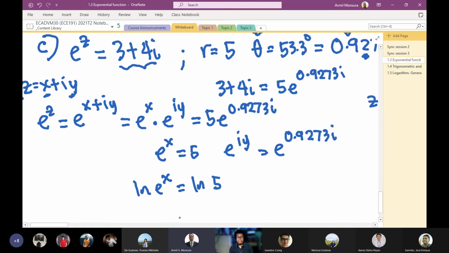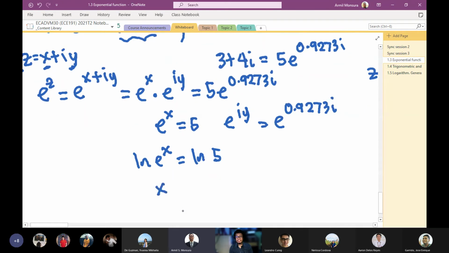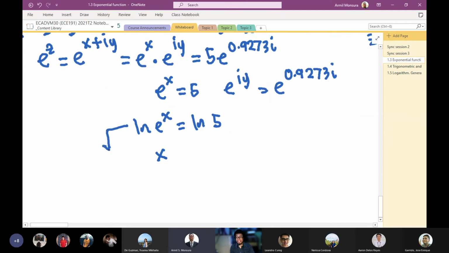Okay? Because the natural logarithm of e raised to x is simply x. Again, that's a logarithmic property. Properties ng exponential and logarithm set. Paki-review na lang to ha.